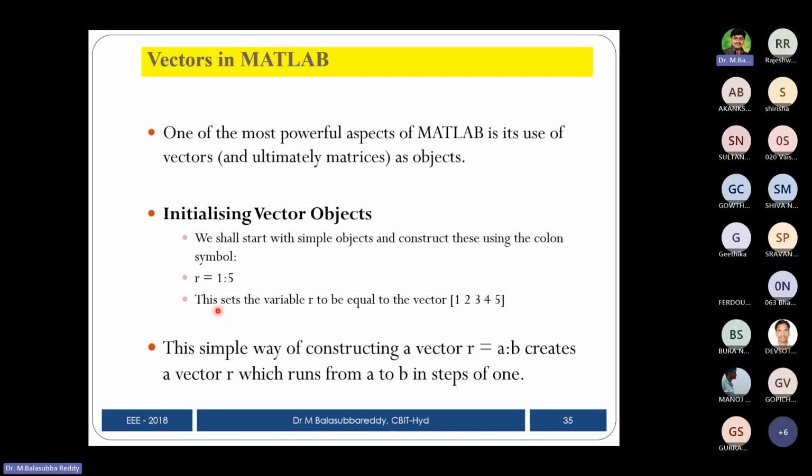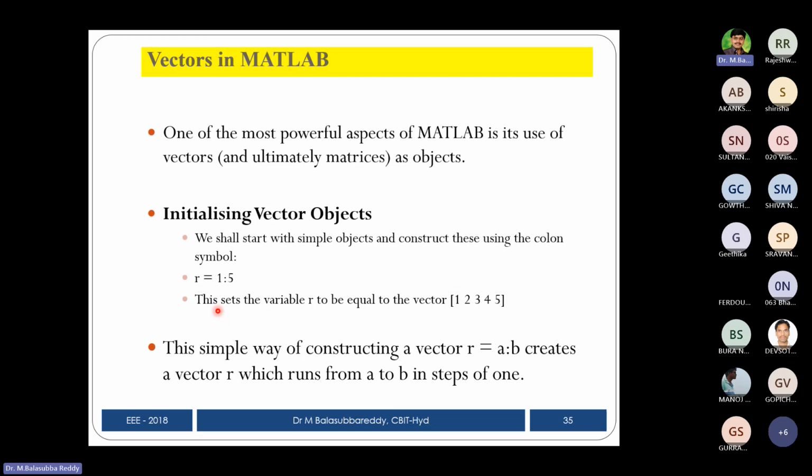This is the manner for vectors or matrices. So 1 to 5 means the starting value is 1, 5 is the ending value. But what is the increment value? If you do not specify anything, default 1 is the increment value. But if you want any specific increment, you must specify it.